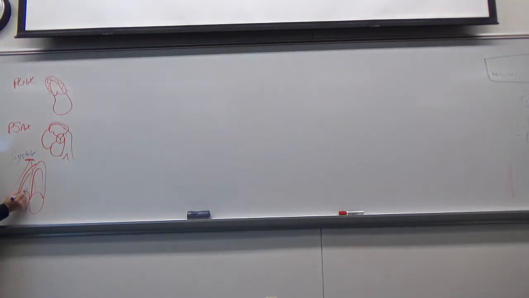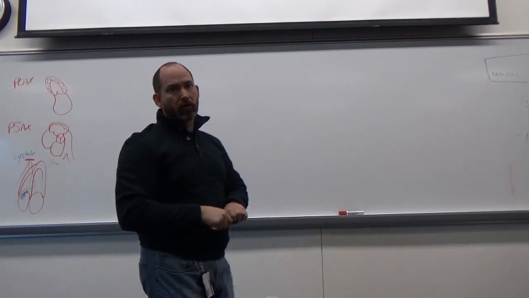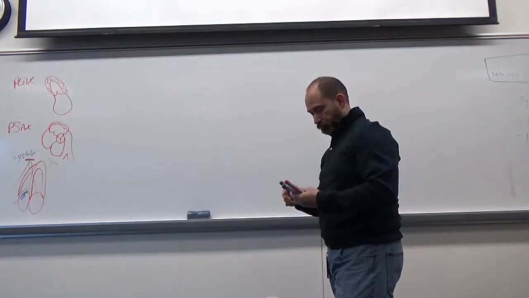We'll say it goes back this way. You have to move the angle. Okay, so my angle here is running through that way, which is a poor angle. So where does my transducer need to go? It needs to go over here. Good. So if that's the angle I'm pulling through there, my transducer needs to be somewhere over there to see that jet well. And if you got those, then you're going to get a really nice spectral tracing.